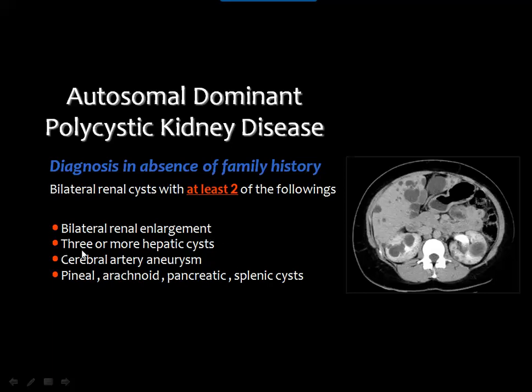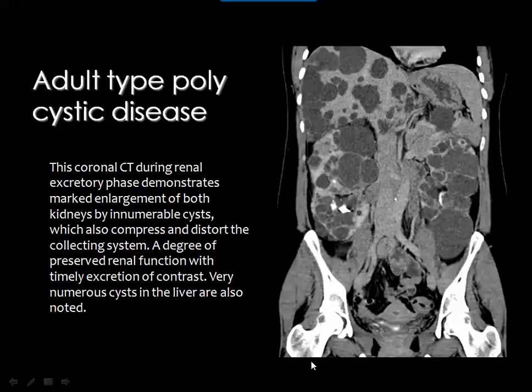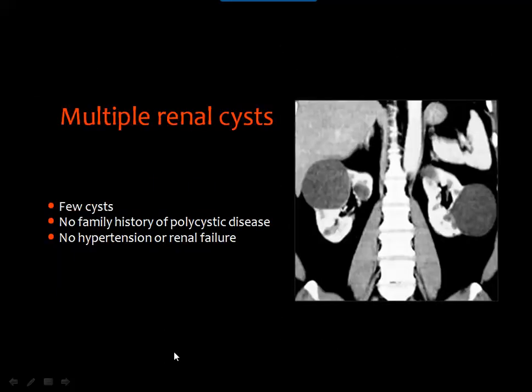Number two is the detection of 3 or more cysts in the liver, as you can see here, or the detection of an intracranial aneurysm, or the detection of pineal, arachnoid, pancreatic, or splenic cysts. This is an example of adult type polycystic kidney disease with numerous hepatic cysts as well.